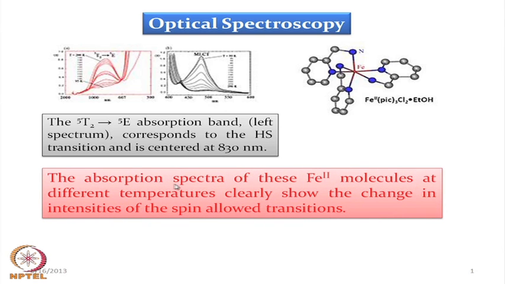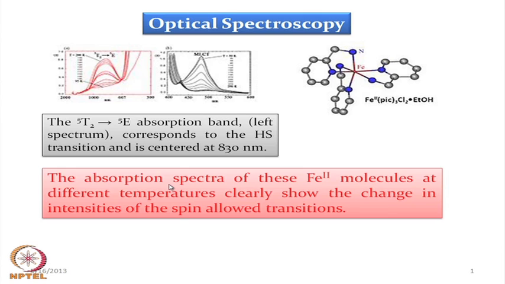So, for this compound as well as some other compounds, the absorption spectra, what we call the electronic spectra, of these iron(II) molecules at different temperatures clearly show the change in intensities of the spin allowed transitions. So, if we have spin allowed transitions, the intensities are also changing with the change in temperature.